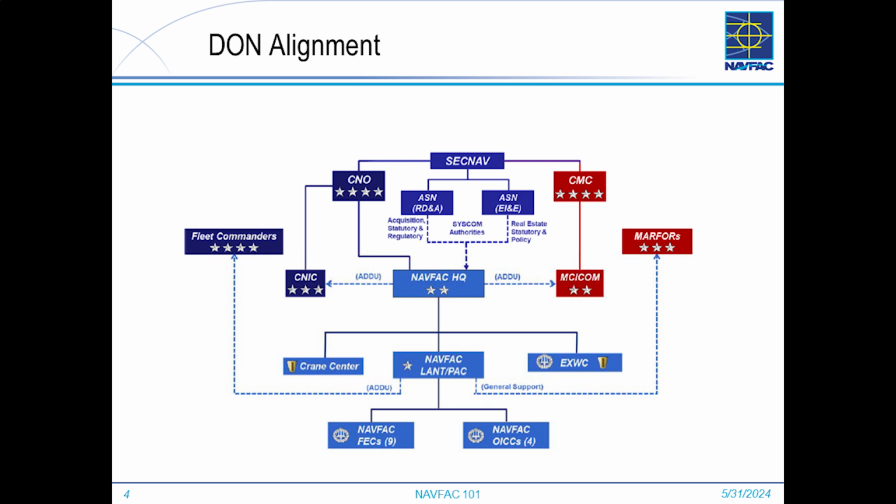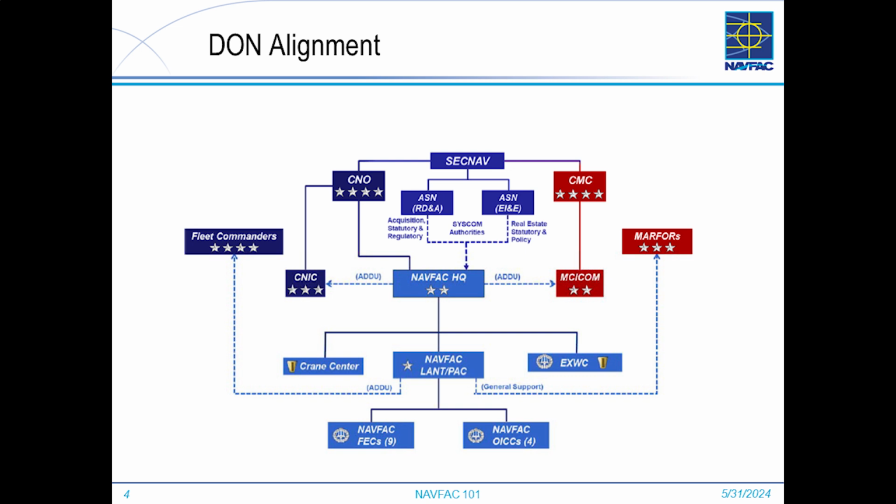So in today's class, we are going to talk more about the organizational structure of NAVFAC. We have NAVFAC headquarters shown here on this slide, which is an Echelon 2 level command. And then beneath NAVFAC headquarters, we have our Echelon 3 level commands. They include the Navy Crane Center, NAVFAC Atlantic and Pacific, and EXWC, which stands for the Engineering and Expeditionary Warfare Center.